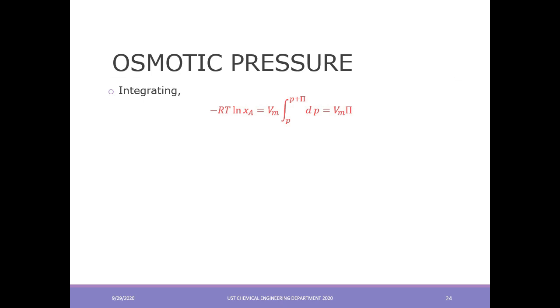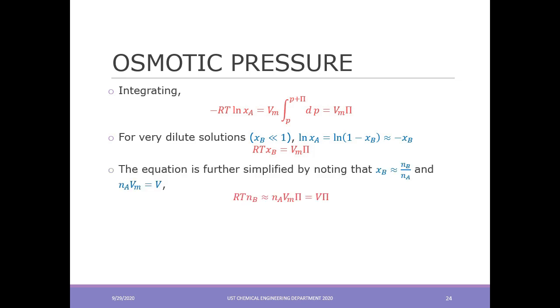For very dilute solutions, we can again approximate ln XA as negative XB, same as what we did in the derivation of the boiling point elevation. Our equation then becomes RT XB is equal to molar volume times the osmotic pressure.